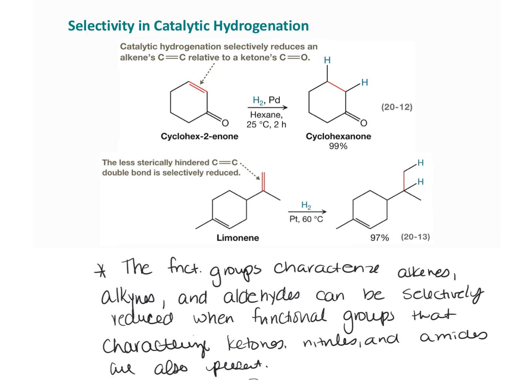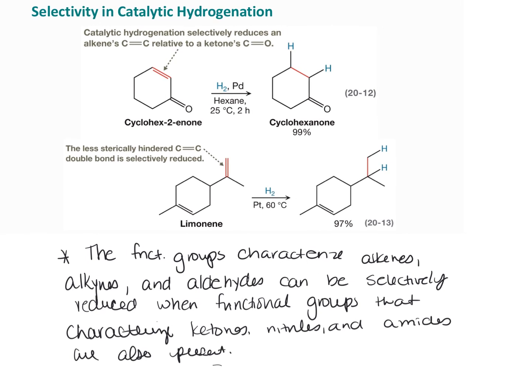The other thing that we see with reductions is that steric hindrance can also be used in a selective reduction using catalytic hydrogenation. In equation 20.13, we have two double bonds, but what we see here is the one that's less sterically hindered is selectively reduced compared to the one that's more sterically hindered.